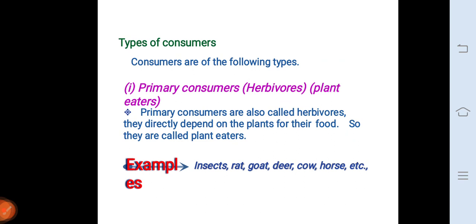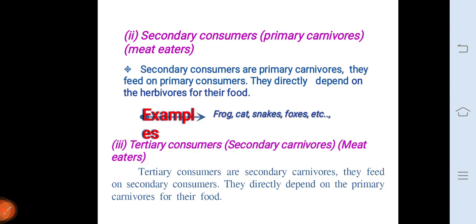Simply, these are animals that are non-vegetarian. The third type is omnivores, animals that eat both animals and plants. That means omnivores are also animals that eat both vegetarian and non-vegetarian food.